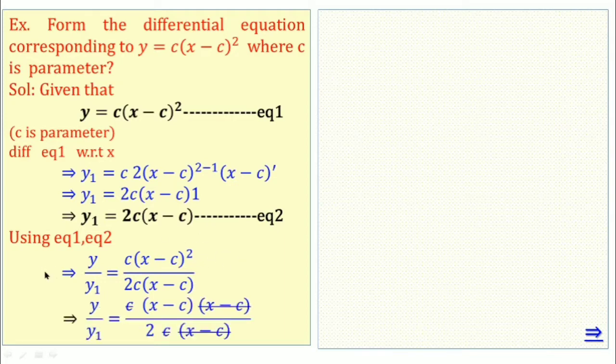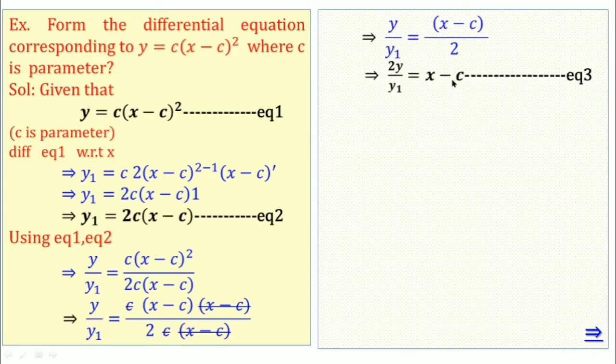Whole square means (x minus c) into (x minus c), and in the denominator we have 2 into c into (x minus c). So here we can cancel c and c, (x minus c) and (x minus c). We are only left with (x minus c) in the numerator and 2 in the denominator. That means y by y1 is equal to (x minus c) by 2.